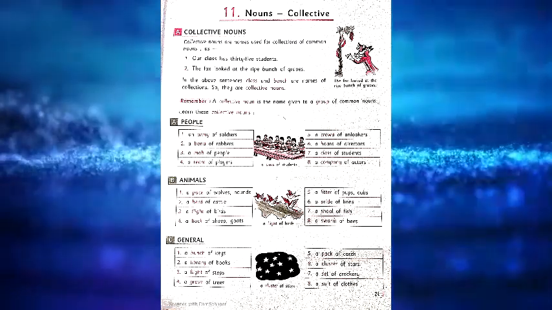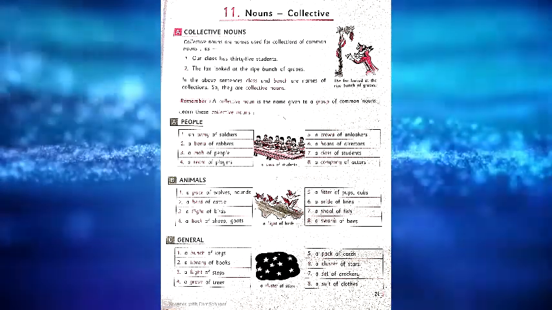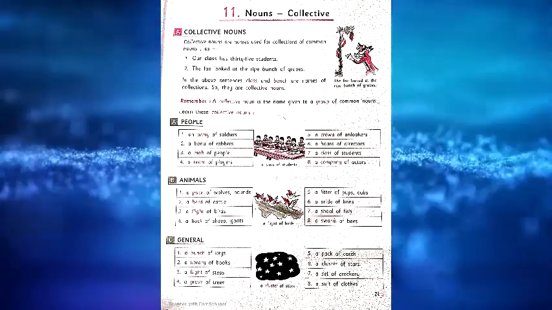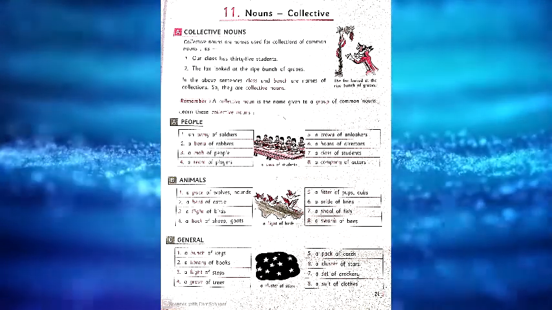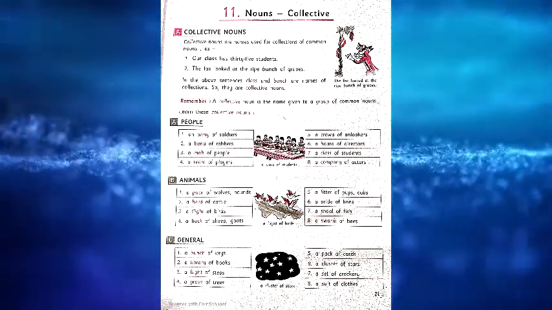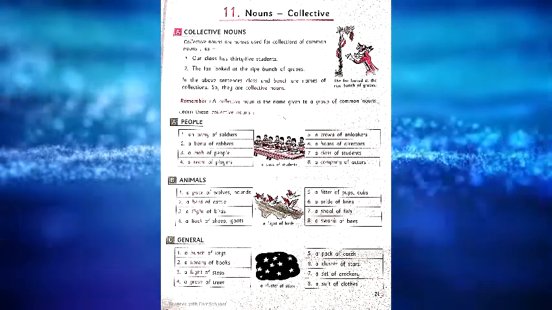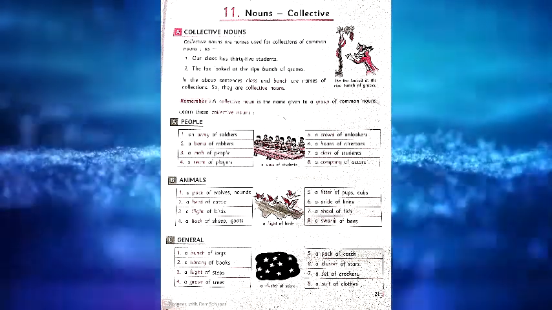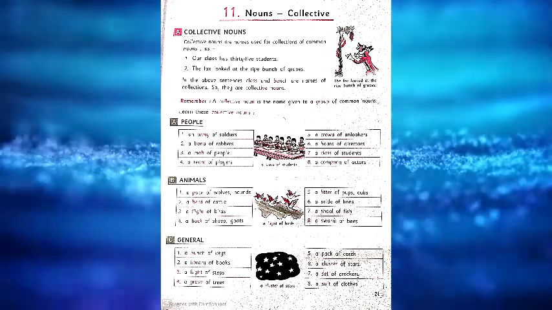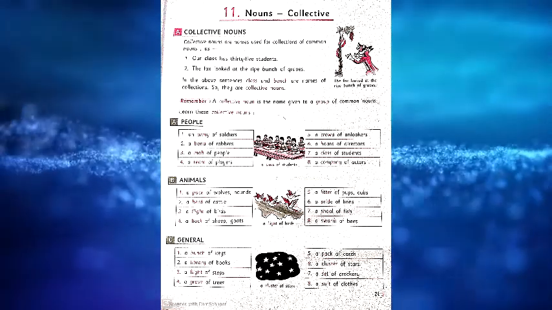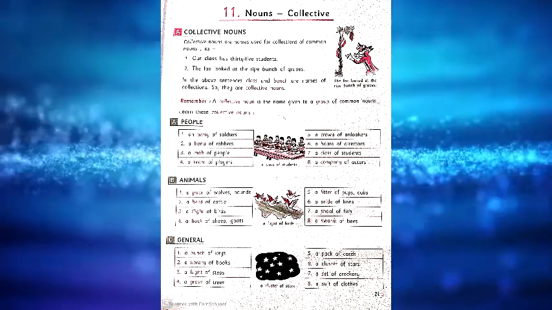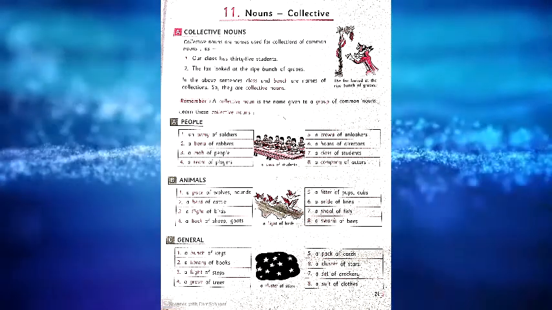One more example I will give. The fox looked at the ripe bunch of grapes. In this sentence, bunch is considered as a collective noun. Why is bunch considered as a collective noun? Grapes is a common noun.